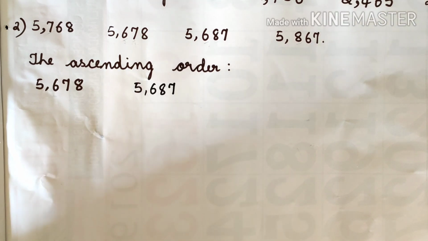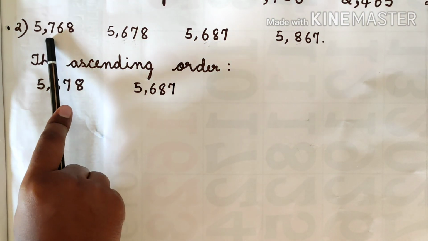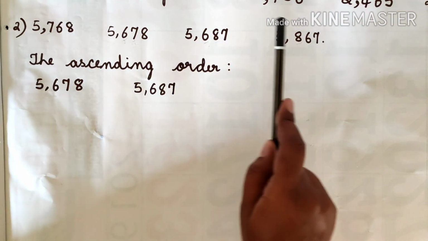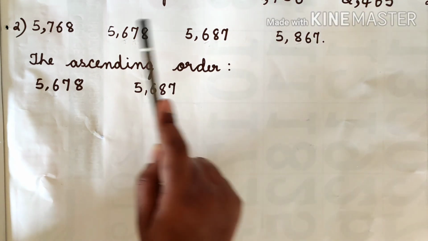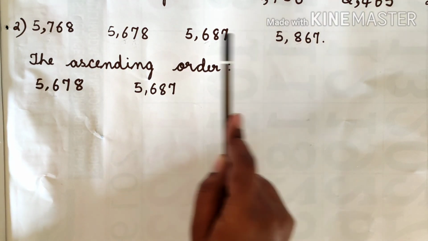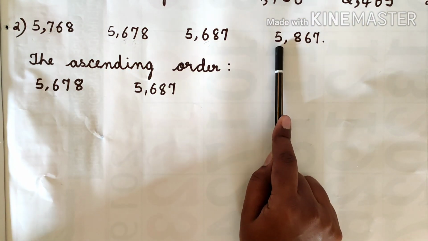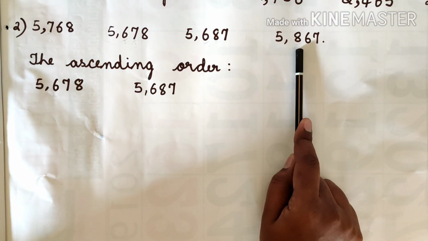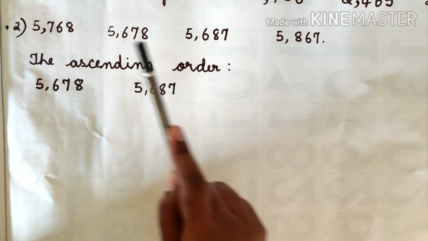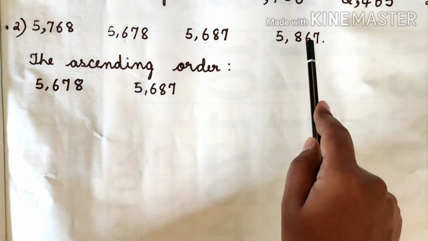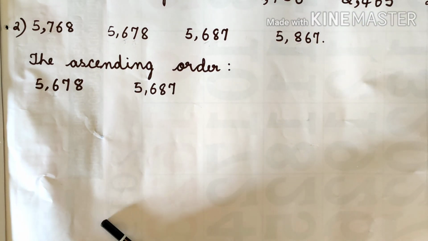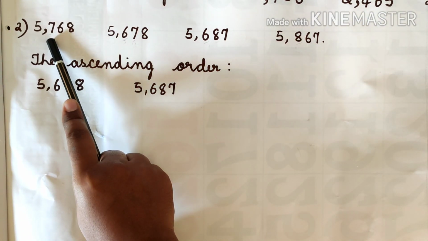5687. Now let us compare the remaining two numbers, that is 5768 and 5867. So out of these two we have only thousands same but hundreds are different, that is 700s here and 800s here. So out of 7 and 8, which is smaller? 7 is smaller.